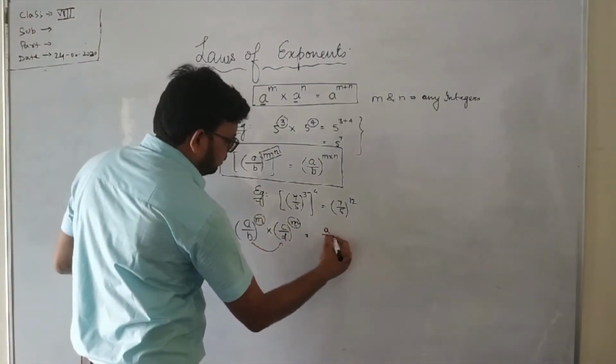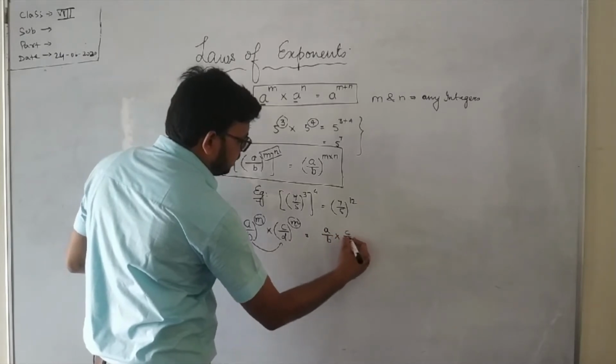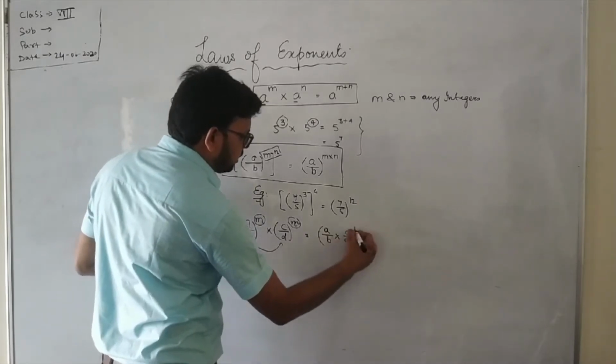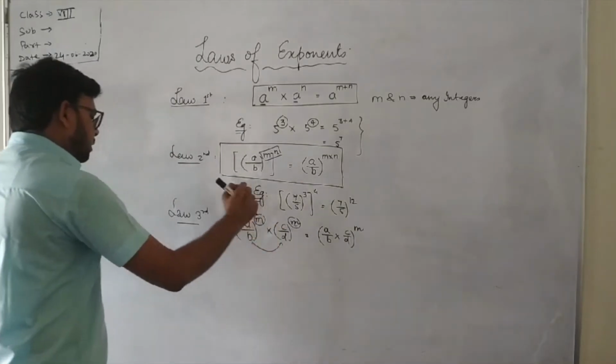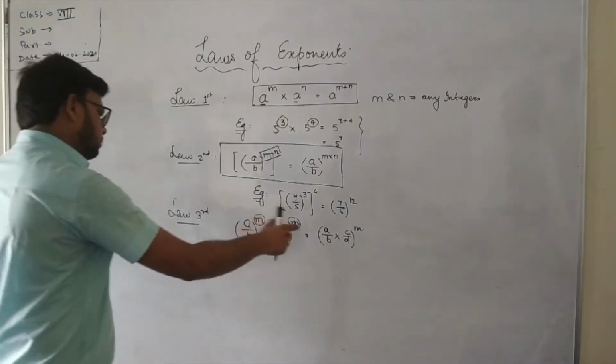So we can write (a by b multiplied by c by d) whole to the power n. Because the power is the same, we can take the power as common.